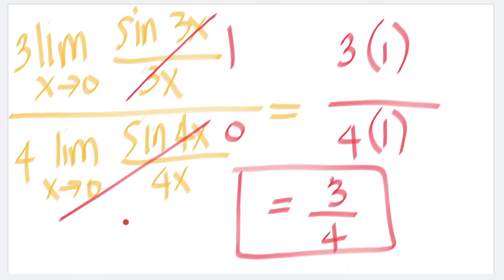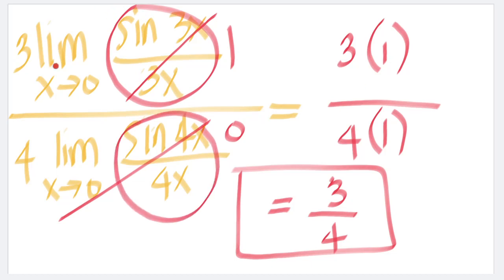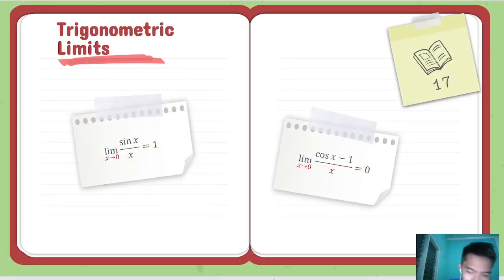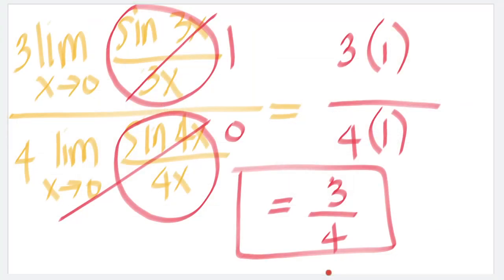We know that this term is equal to 1. So 3 times 1. And we also know that this term, including the limit, is equal to 1 in regards to this technical fact. So 3 times 1 all over 4 times 1, that is equal to 3/4.